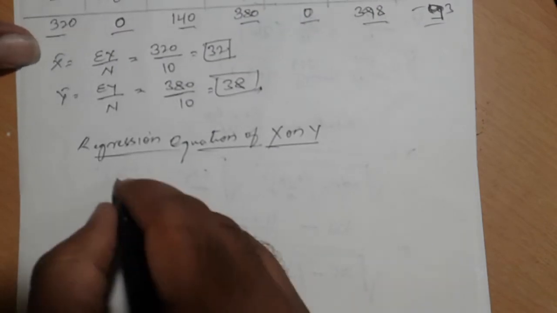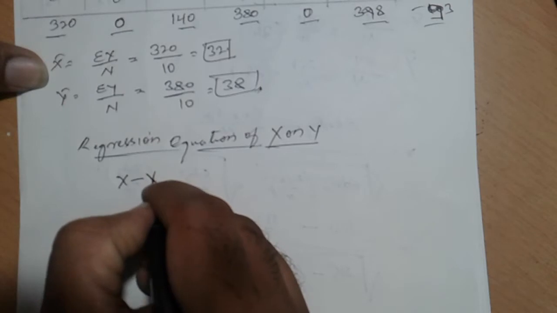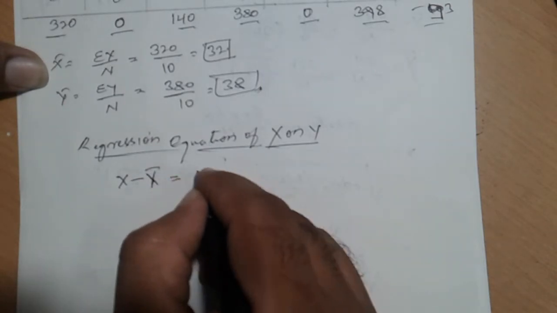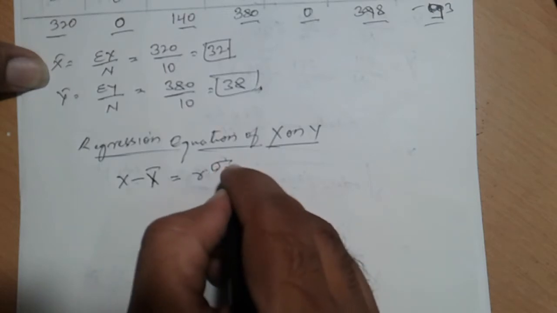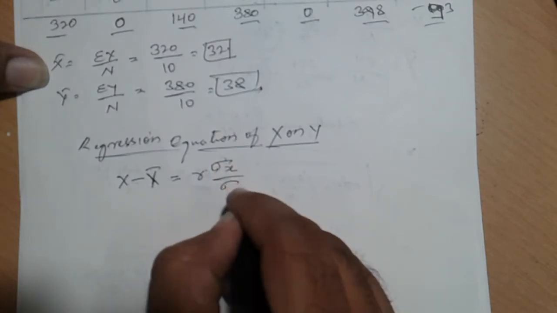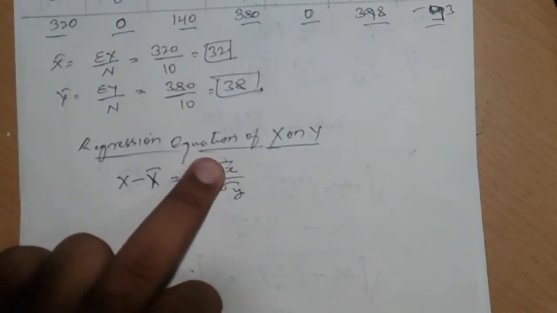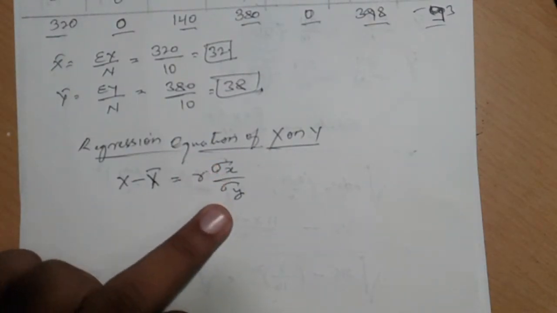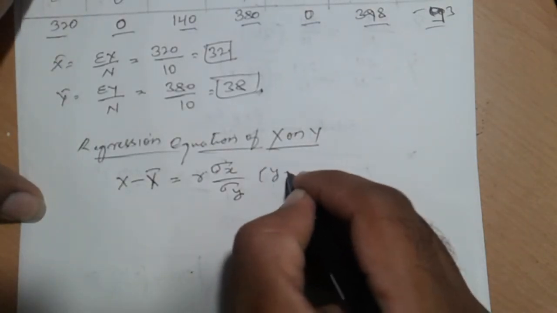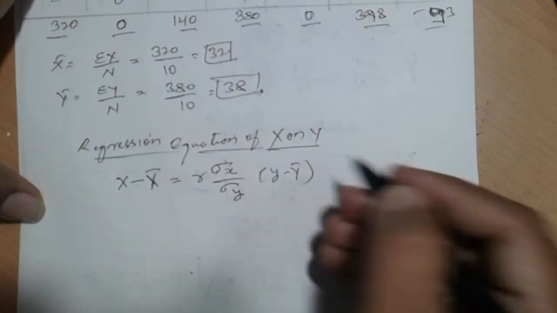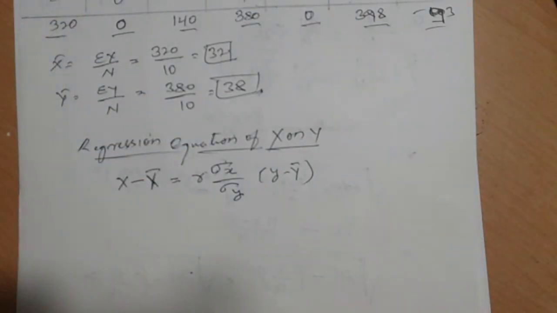So what is the equation? x minus x bar is equal to r times standard deviation of x divided by standard deviation of y. Whenever it is mentioned x on y, it means x is on top and y should be below. Then y minus y bar. If y on x, y should be on top and x should be below.